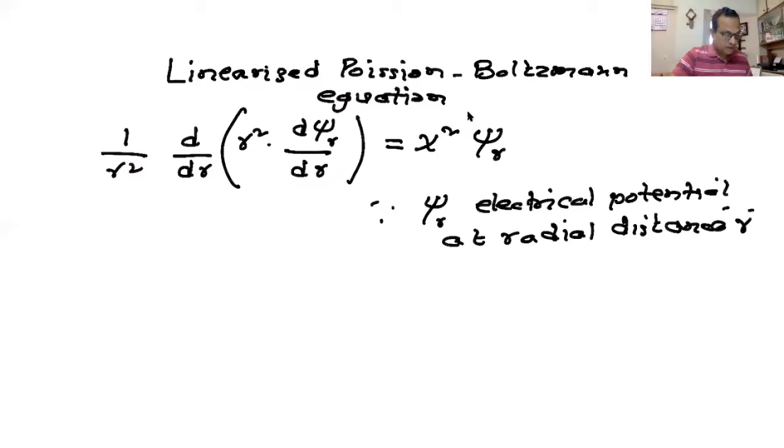Okay. And in fact, already last time we saw the value of chi square is equal to what?